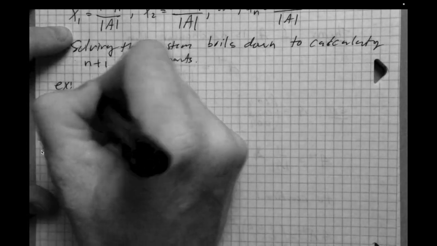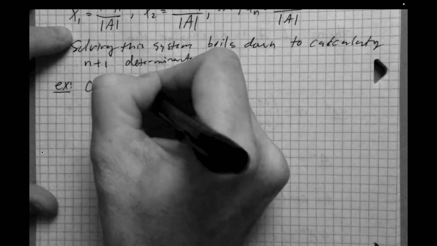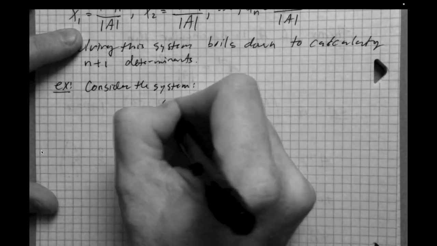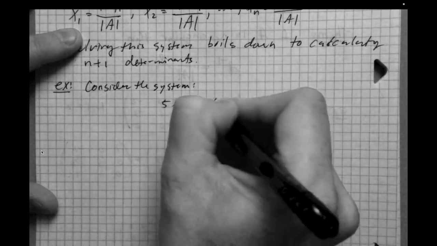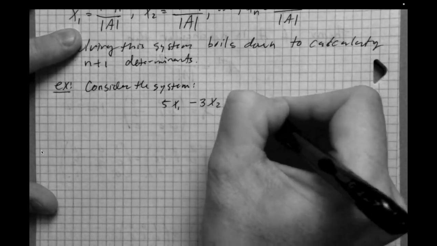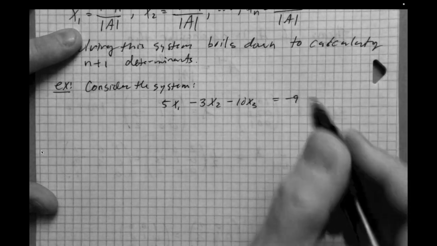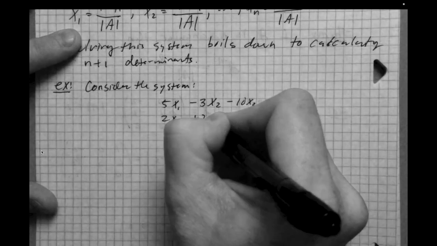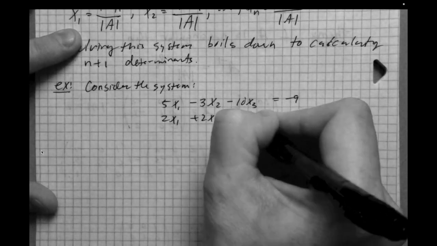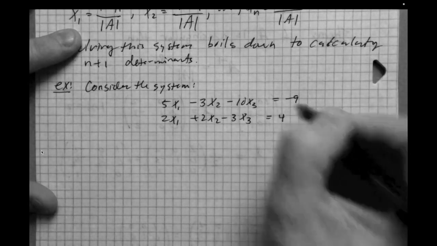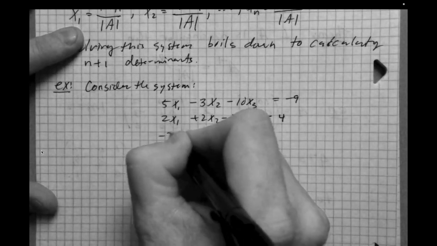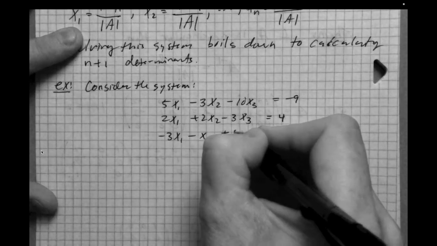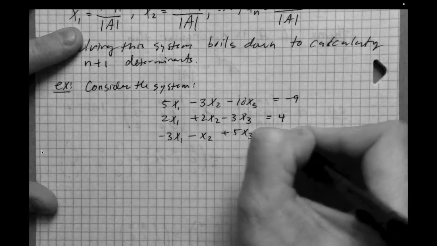So let's consider the system. 5x1 minus 3x2 minus 10x3 equals negative 9. 2x1 plus 2x2 minus 3x3 equals 4. And then negative 3x1 minus x2 plus 5x3 equals negative 1.